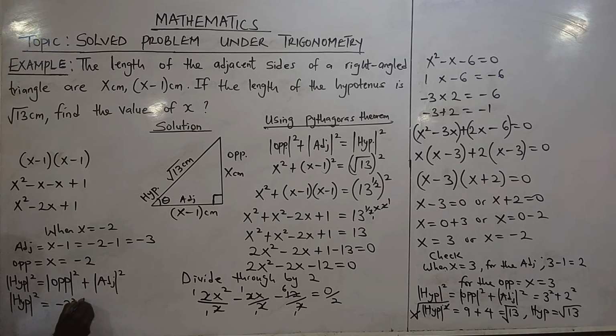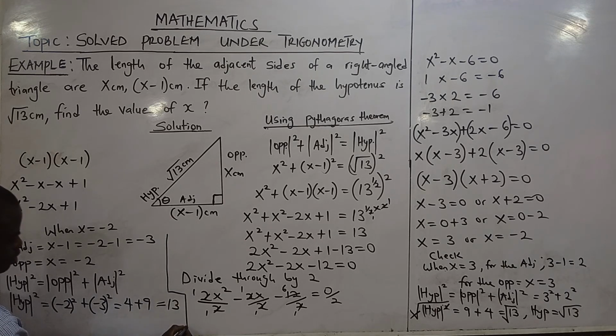Minus 2 squared plus adjacent minus 3 squared. Minus 2 squared is 4, minus 3 squared, that's 9, which equals 13.